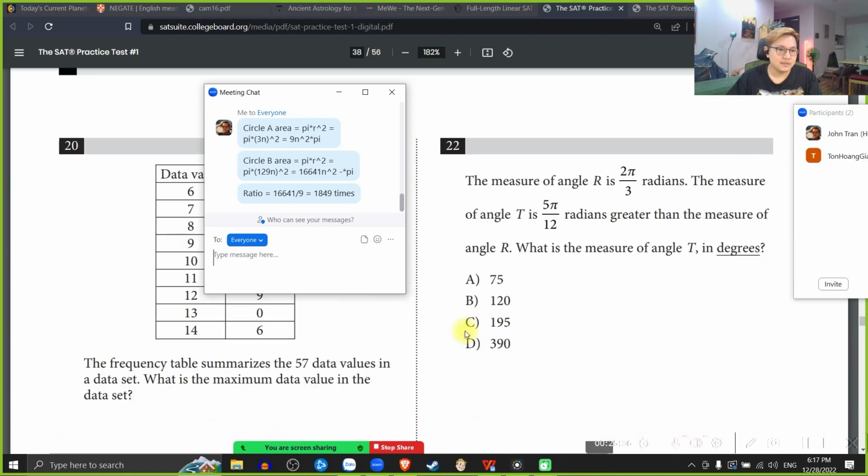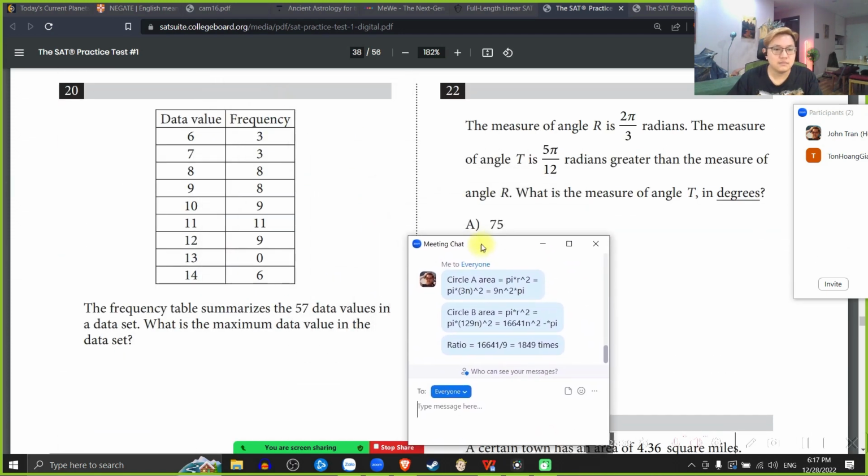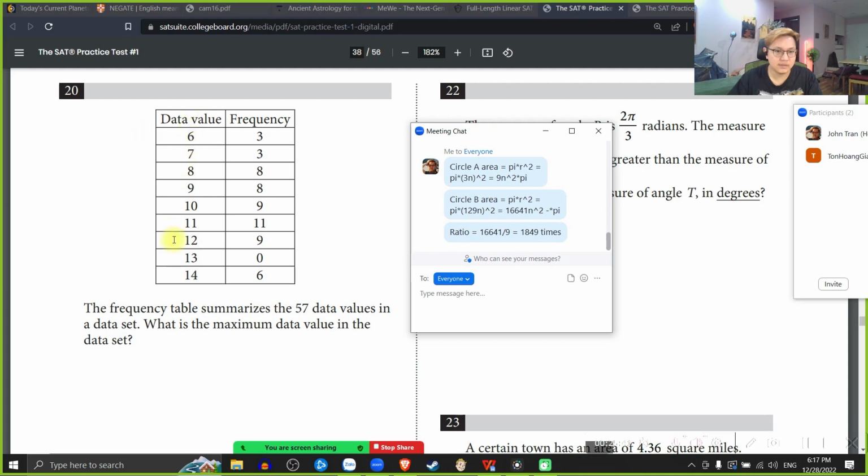Okay, let's try 20 now. You have a data value here, and this is frequency, how often they appear.